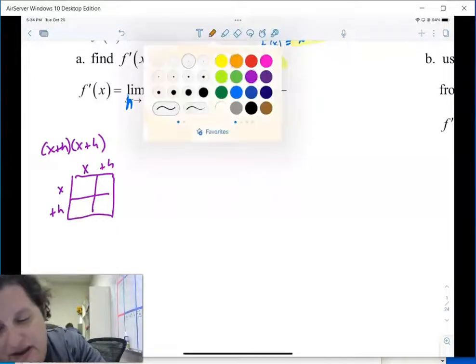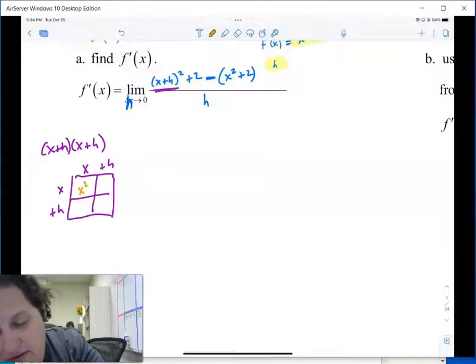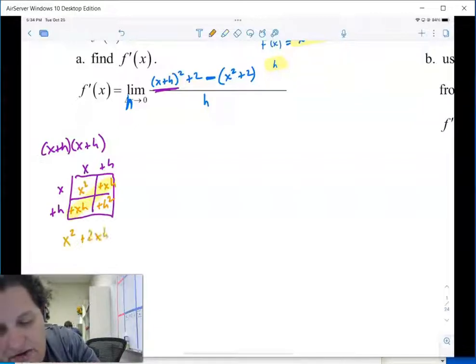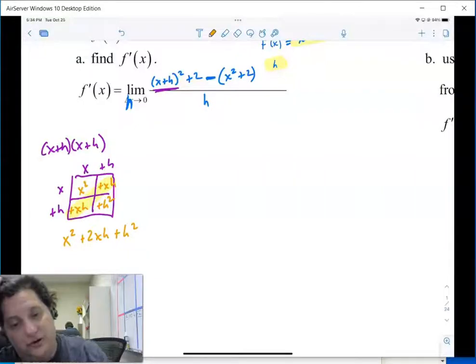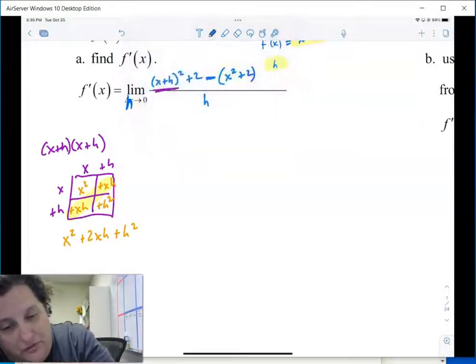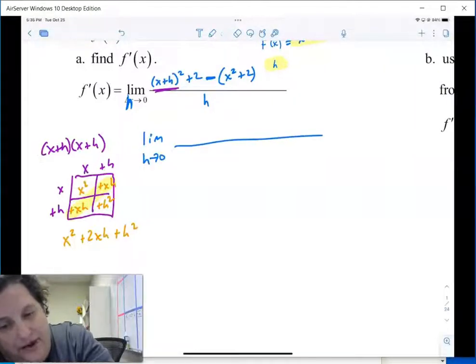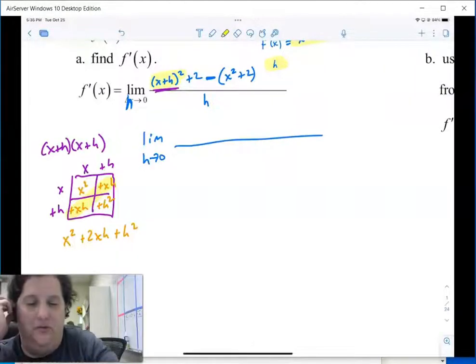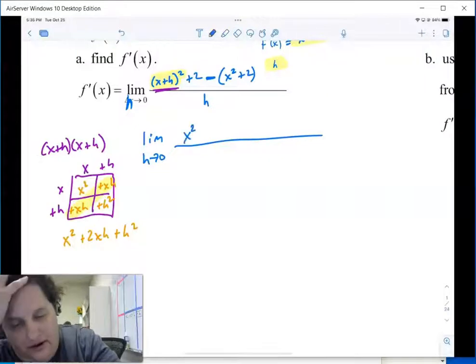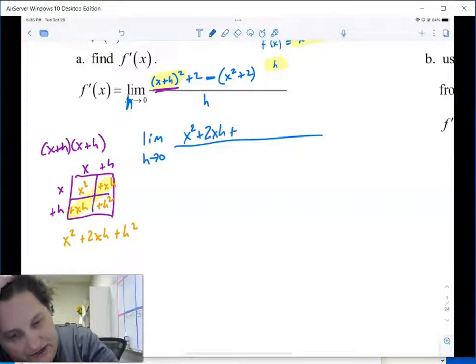When I multiply this, I get x squared plus xh plus xh plus h squared. And when I combine like terms right here, I get x squared, there's two xh's, and then there's an h squared. Okay? So look, I'm just rewriting everything. I'm not doing anything. I'm rewriting, but I'm changing this into what I just got. x squared plus 2xh plus h squared.